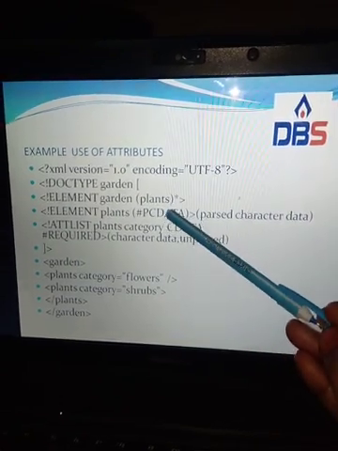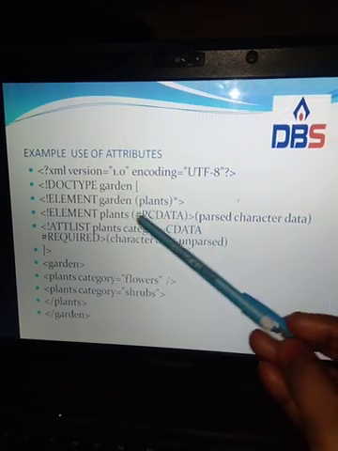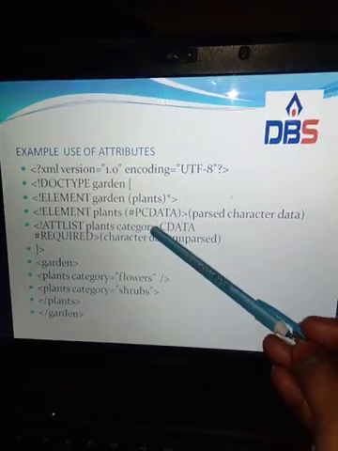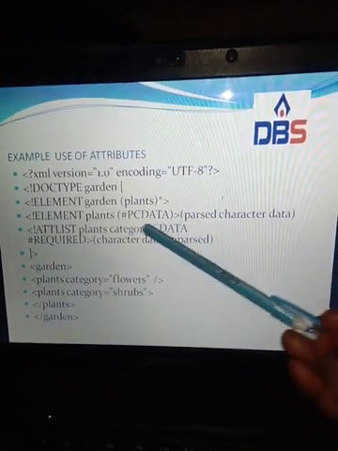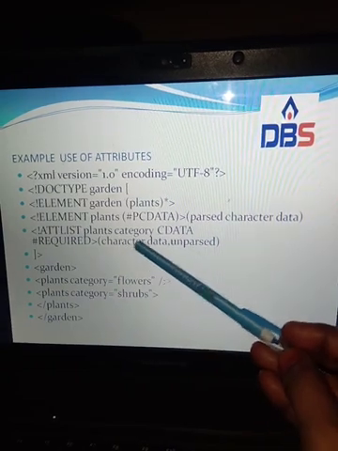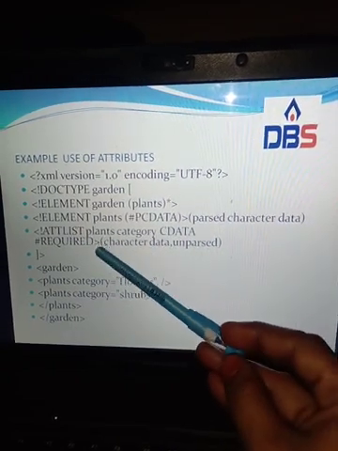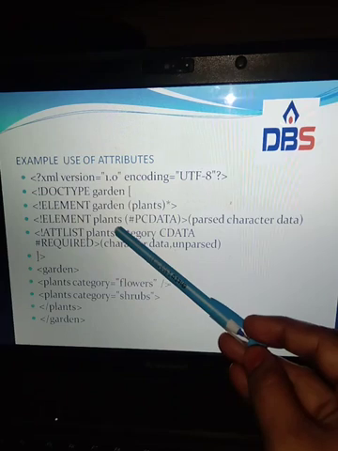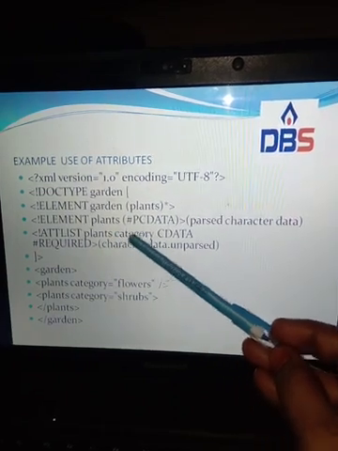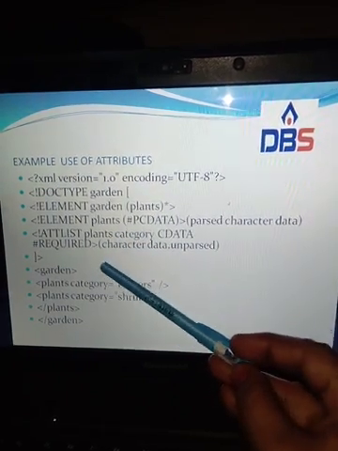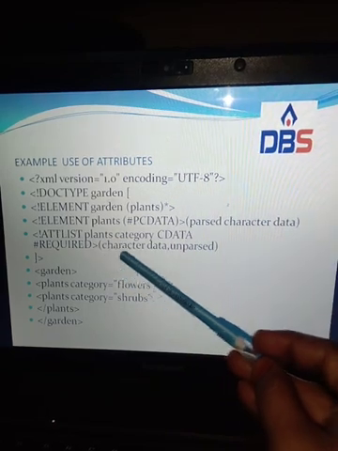In the garden we have many plants. PCDATA means parsed character data. Next, for the plants category we take an attribute list for plants, meaning plants have to define the plants category. Here it is required. What is required here? Character data, unparsed.